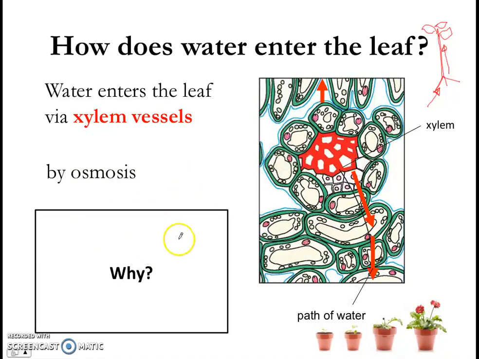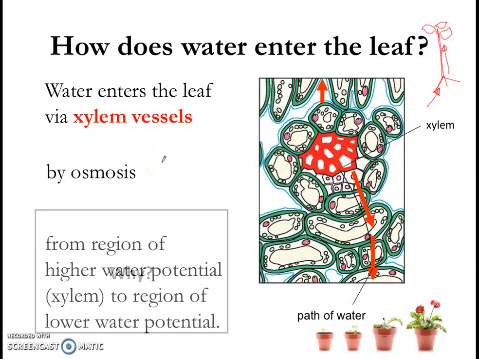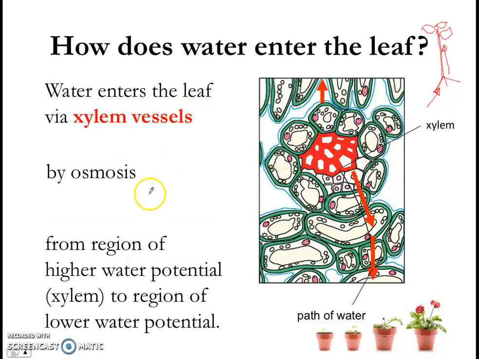Now, what causes water to move into the leaf by osmosis? I'll put it differently. What drives osmosis to happen? Well, the explanation comes from what you learned previously in the movement of substances. It's because water moves from a region of higher water potential to a region of lower water potential.